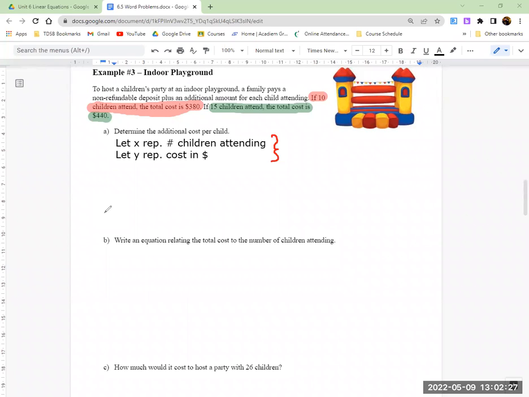Those 2 sentences, those 2 colors, tell you something really important that you will need. It gives you 2 points. Consider this. Number of children, cost. Number of children, cost. I give you 2 points. Suddenly, does that look familiar? Like some of the questions we did on Friday.